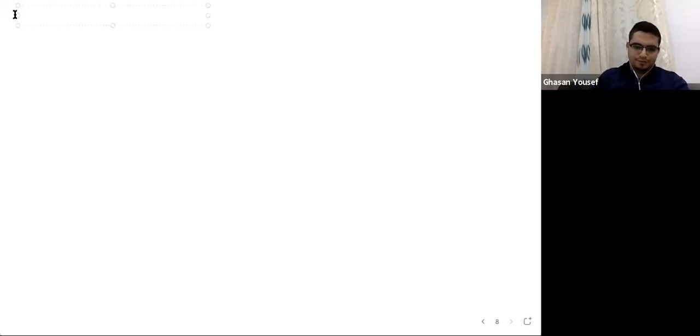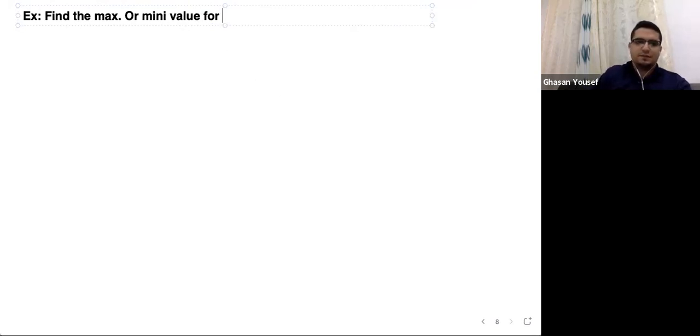So here is an example. Find the maximum or minimum value for the function f of x equal x squared plus 4x.